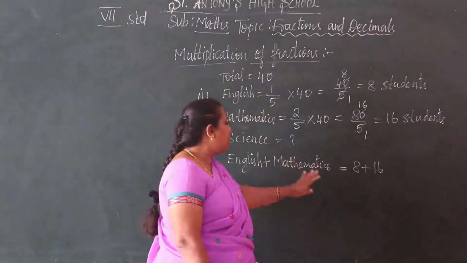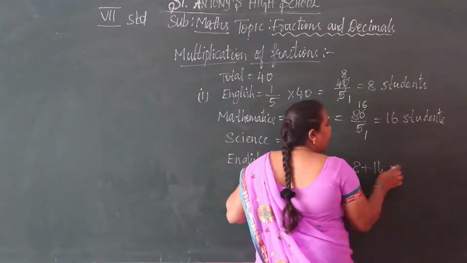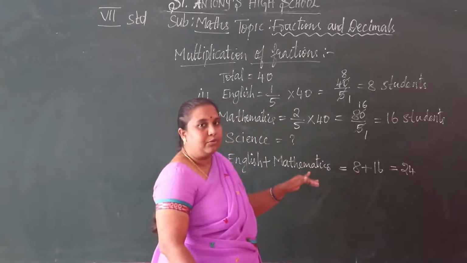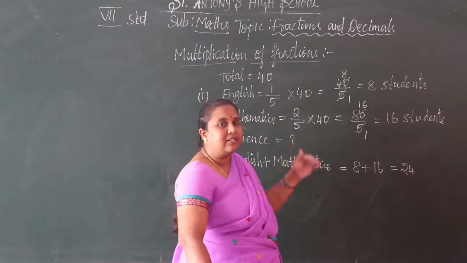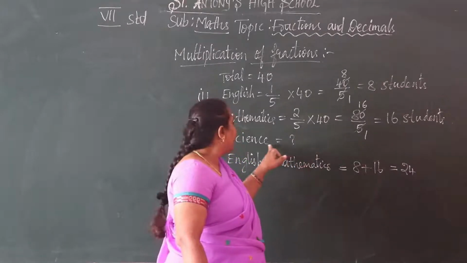The total number of students who like English and mathematics is 8 plus 16, that is 24 students.